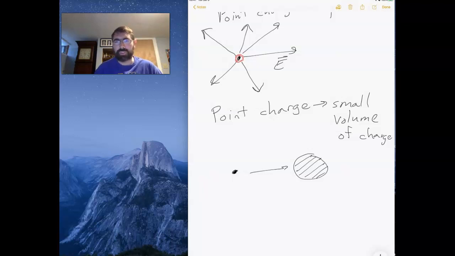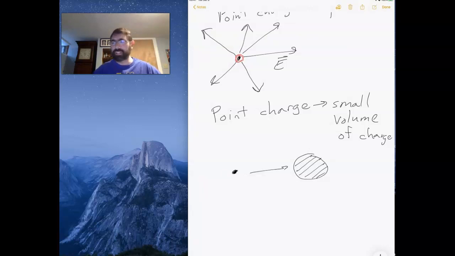Then if we have a sphere of charge, we can integrate over it and see what some of the forces being applied are. Unfortunately, solving the case for a sphere of charge and then letting the volume of that charge go down to zero has its own mathematical problems.